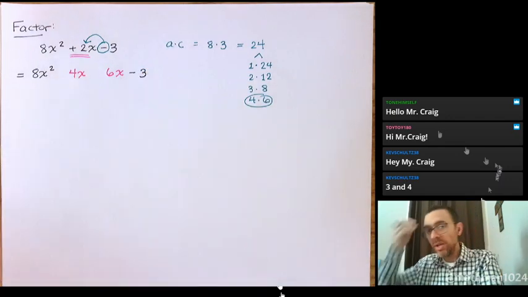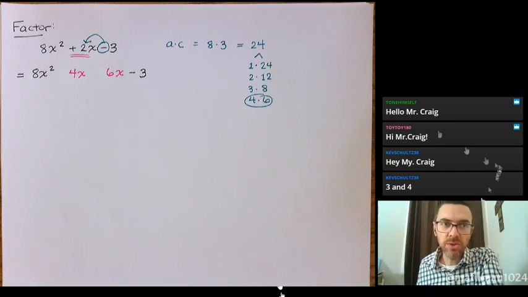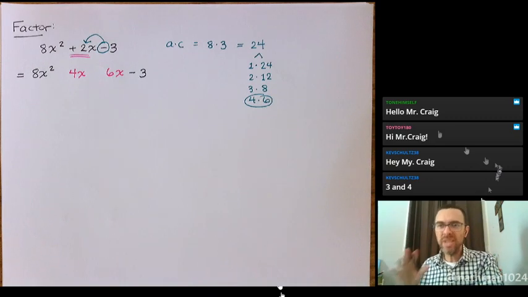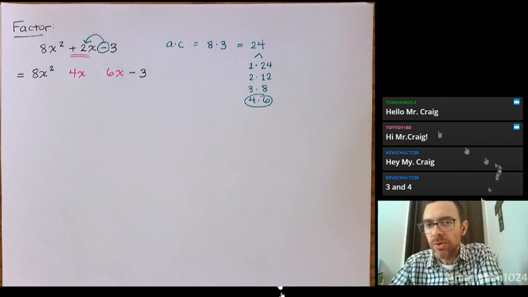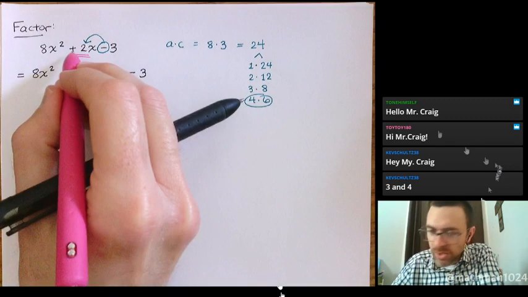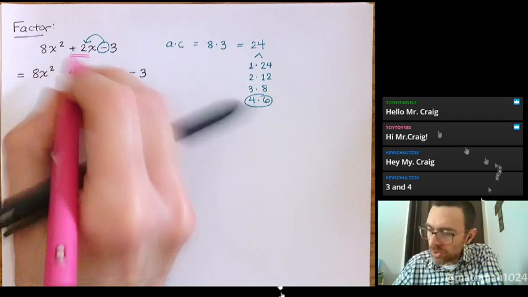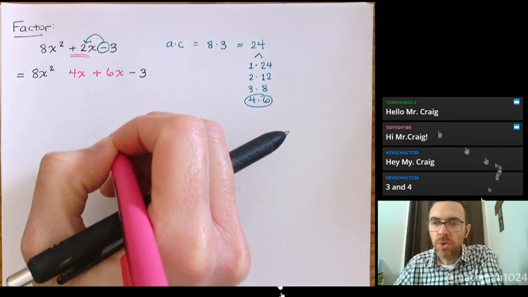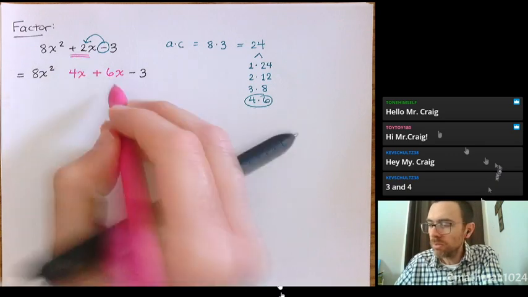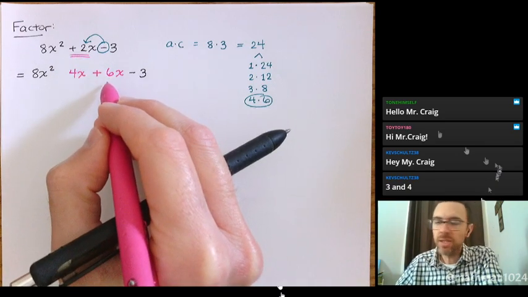minus 3. Now the real trick is going to be paying attention to your signs. So right now we need to pay attention to our signs. Remember one of the things I told you yesterday? I said that whatever the sign is of the middle term is also going to be the same sign of the larger of those two numbers. So in order for us to have a positive 2 at the end, the larger number has to be positive by default.